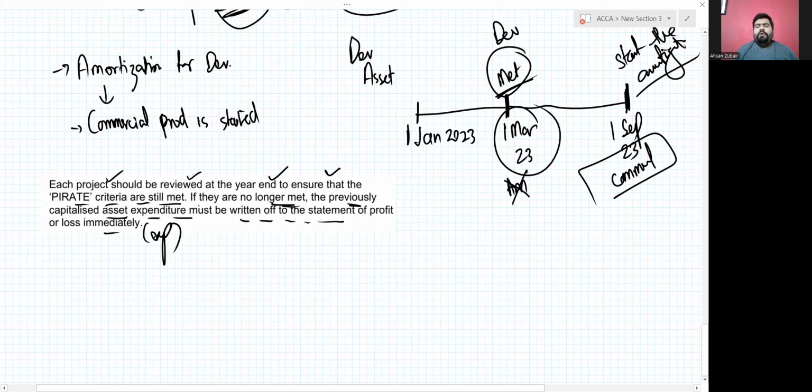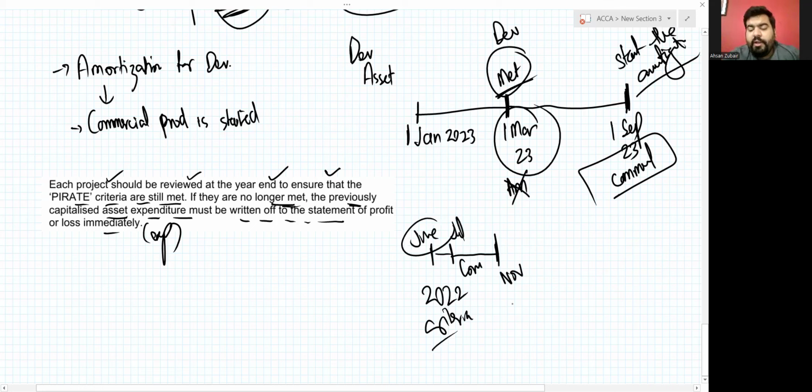For example, in June 2022, criteria met. In July, commercial production started. After that, in November, you have classified it as an asset, but again the criteria is not met.